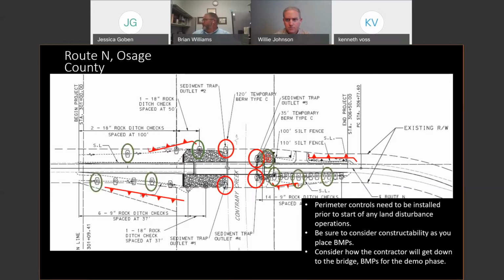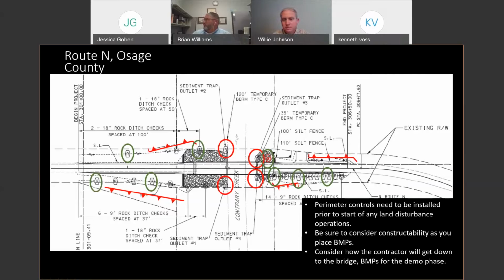So then as you move into your bridge demo phase and your bridge construction phase, that's where you want to look at adding some of those additional BMPs. Okay, so in the green, as you can see, I circled a couple of other ditch checks that you probably ought to consider adding, but you're not going to need all of those at one time, because obviously the contractor's going to have to get in there and be able to do some work.